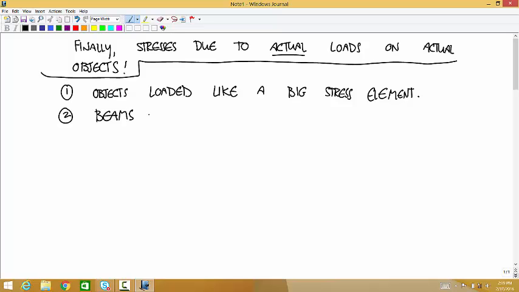And when we talk about beams, this will go from external loads, which a lot of times will come from statics problems, and then we'll go from that to internal loads. Not everybody gets that in statics.